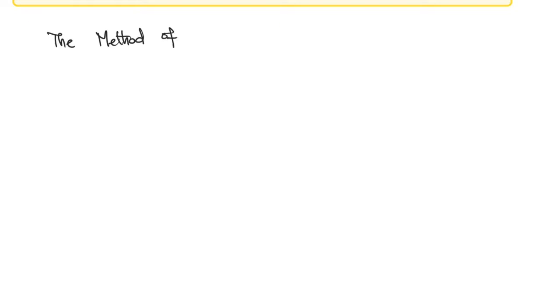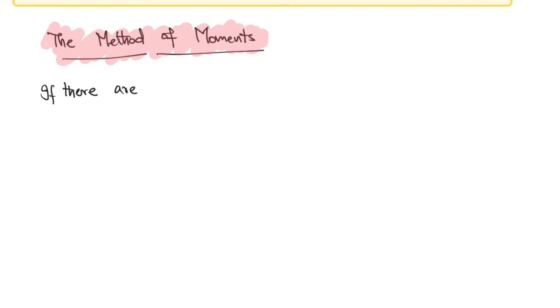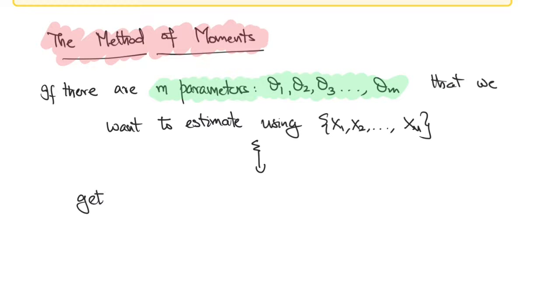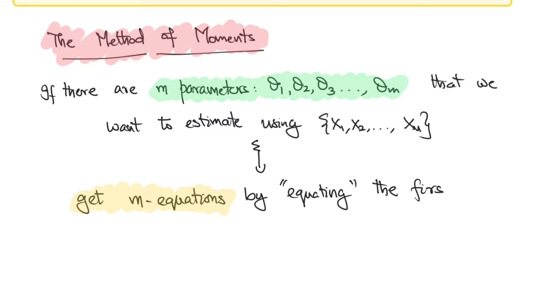The method of moments uses these two moments, the population moments and sample moments, as follows. If there are m parameters, theta 1, theta 2 up through theta m, that we want to estimate using a random sample x1, x2 up through xn, we are going to get m equations by equating the first m population moments to the first m sample moments.